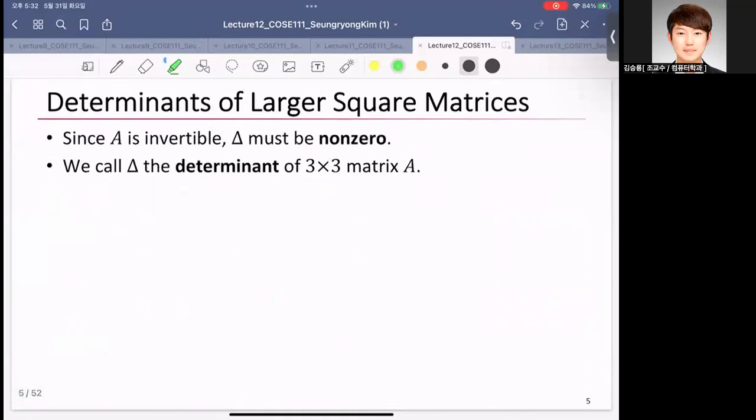Then, since A is invertible, this one must be non-zero. If this triangle is zero, Ax equals b does not have a solution. So if A is invertible, this triangle should be non-zero. So in this case, we called this triangle the determinant of a 3 by 3 matrix A.